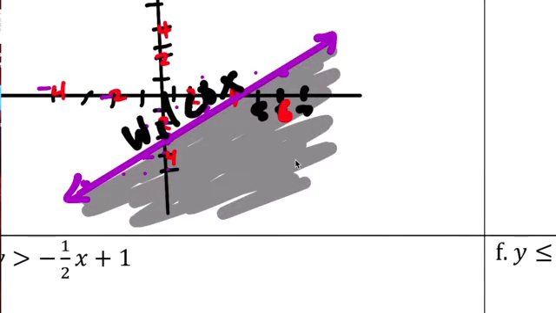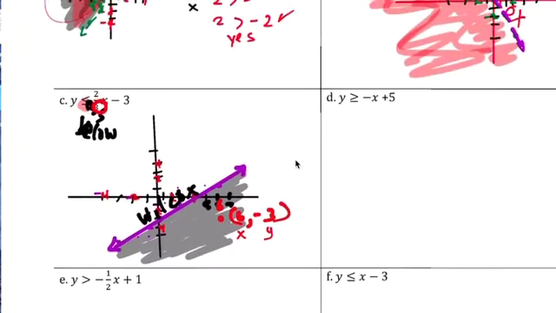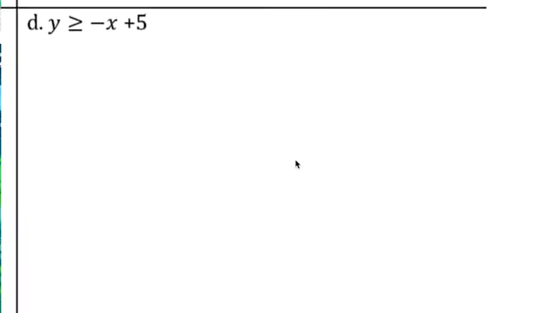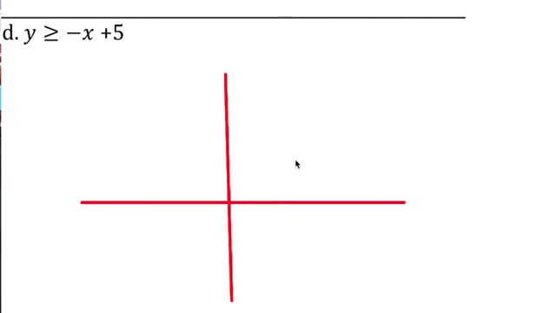So I'll pick 6, -3. Forget test points, okay? We're not going to do test points. I just want you to graph. Just graph for now. So we'll graph and shade, that's all I want you to do.